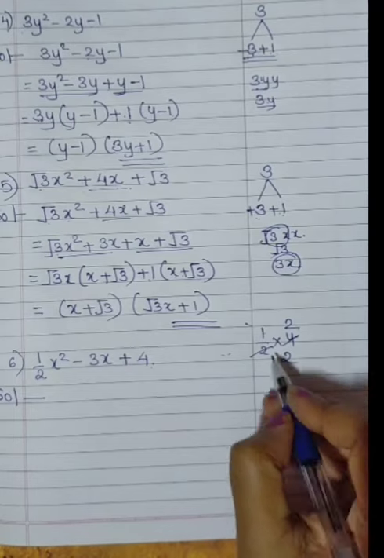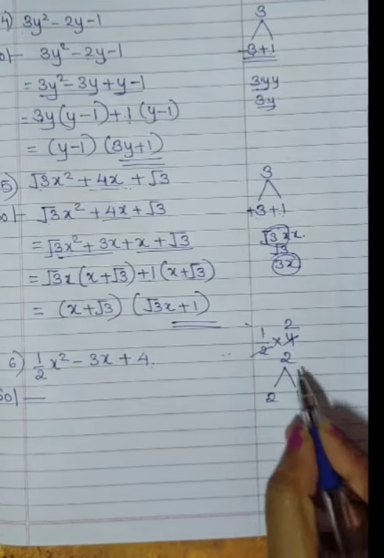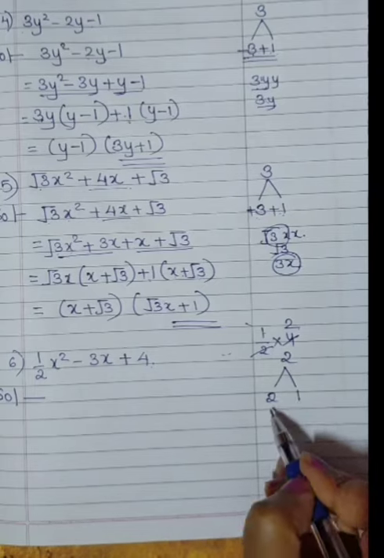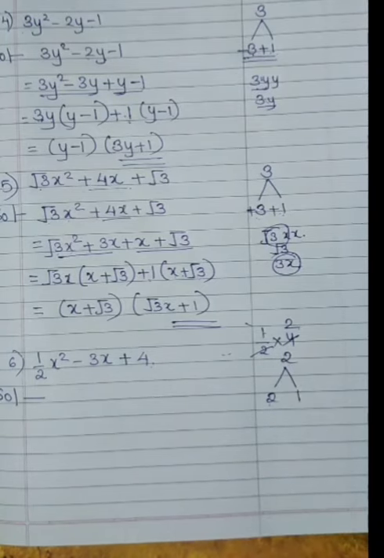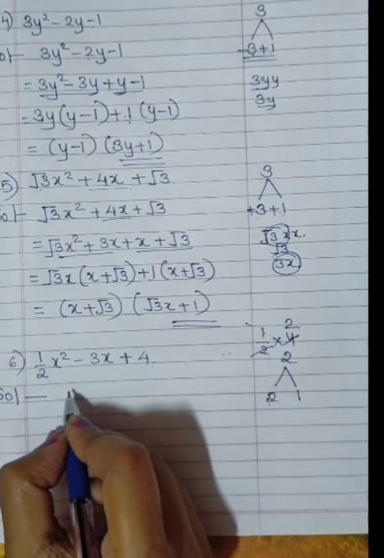Now here we got 2, then 2 ones are 2. The 2 will come in the table of 2 itself, so we have written 2 ones are 2. Then the first step will be, as you can see, half is given, so half we will write here.